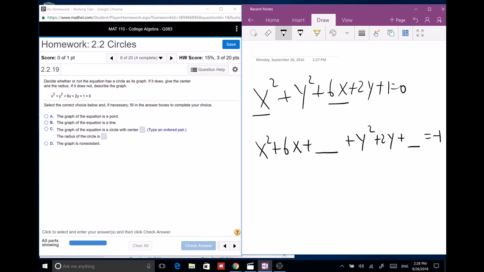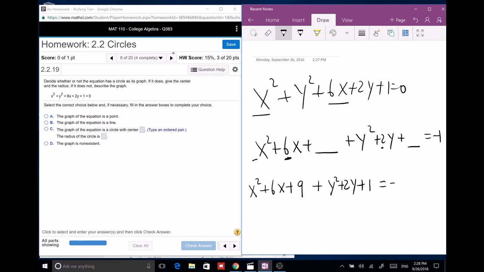Okay, because I just shifted the negative one to the other side. Now what do we add here? So for x squared plus 6x, you take the middle number divided by 2 because the coefficient is 1. So you add 9 here. And for y squared plus 2y, the middle number is 2, divided by 2 is 1, squared is 1. For the x, the middle number 6 divided by 2 is 3, and then squared is 9.